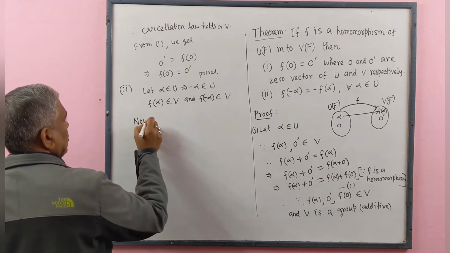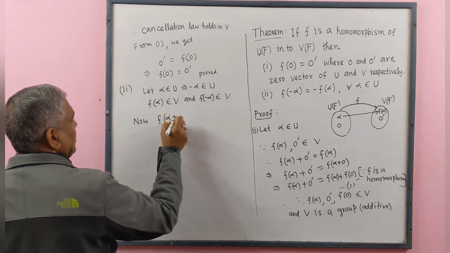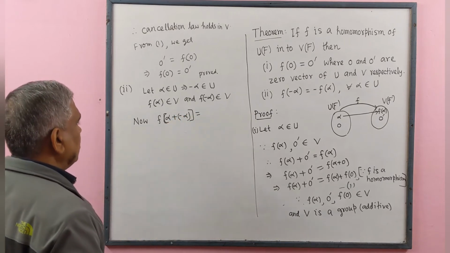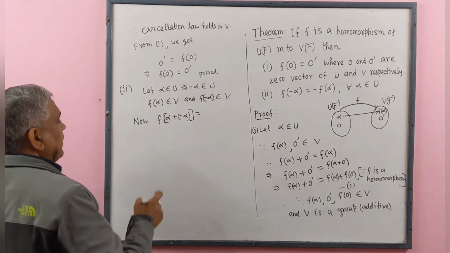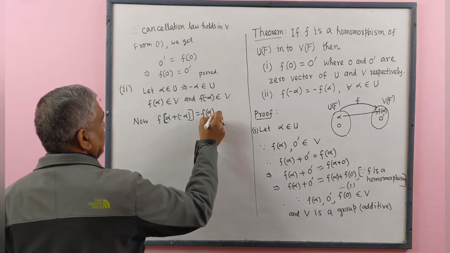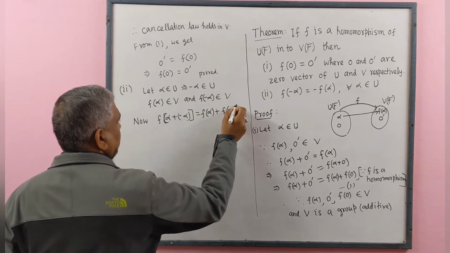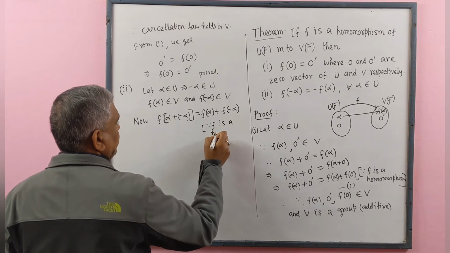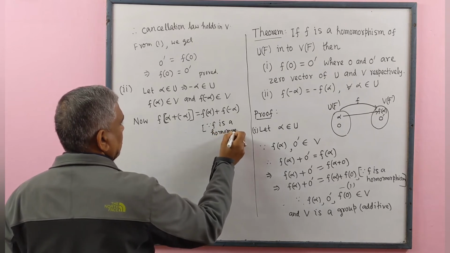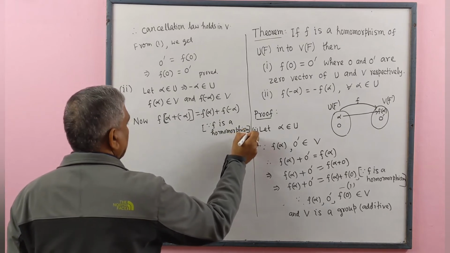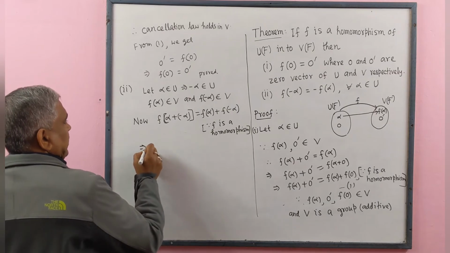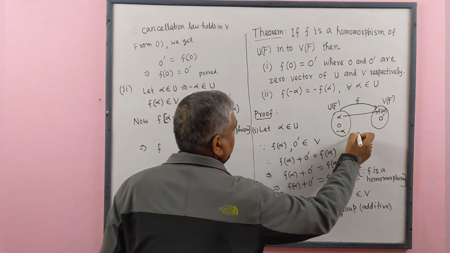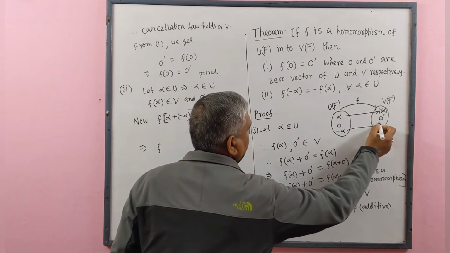Now F(alpha plus minus alpha) equals, since F is a homomorphism, F(alpha) plus F(minus alpha). Here we have minus alpha, and the image of minus alpha is F(minus alpha).